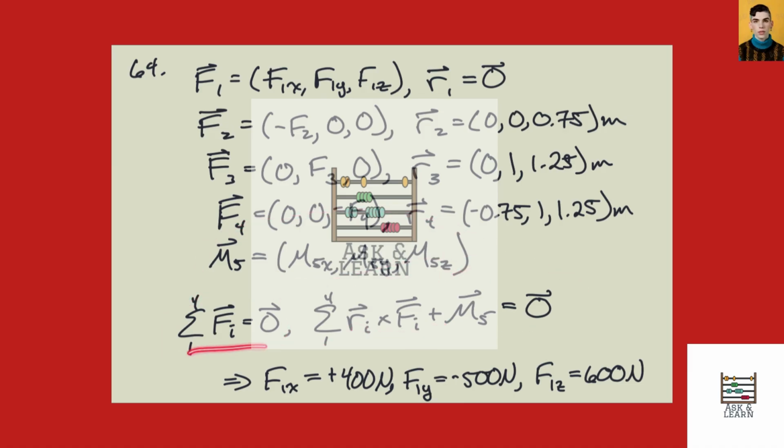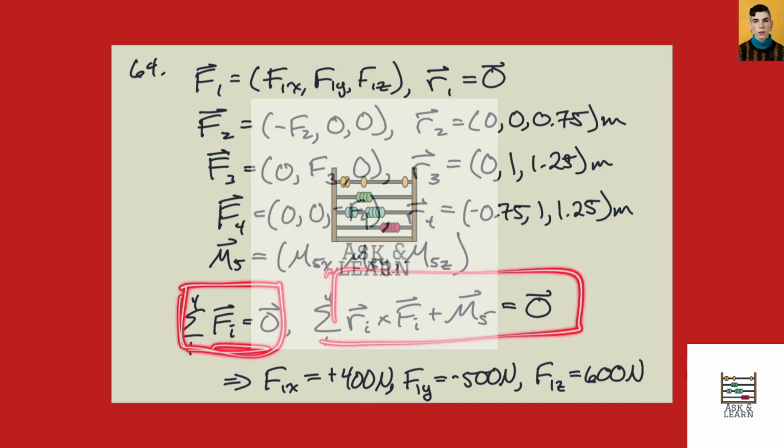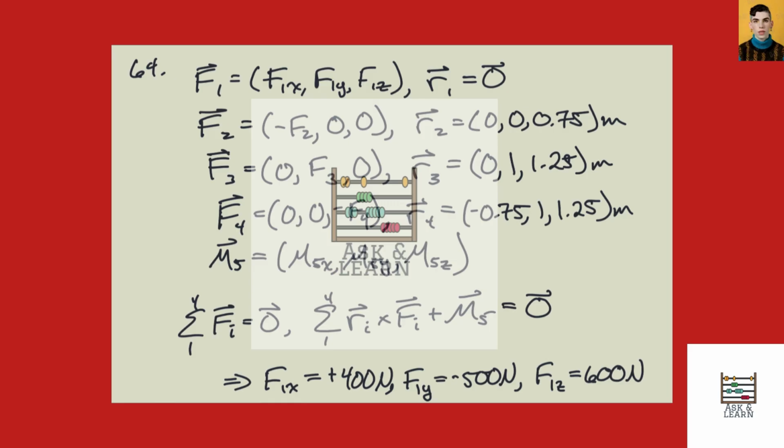In this case, all three components will be non-trivial for each of these. So we'll have six equations and six unknowns, and we can just start cranking through the algebra to find each of those unknowns.